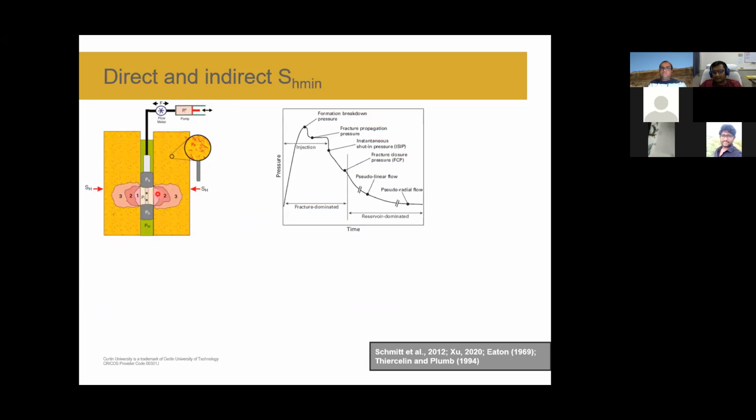In a drilled borehole, they pump fluid from the surface, and at a specific depth point they want to create a small fracture. If you look at the scenario on the right-hand side, what you monitor with time is the pressure applied from the surface to the borehole wall, and how the pressure builds up.